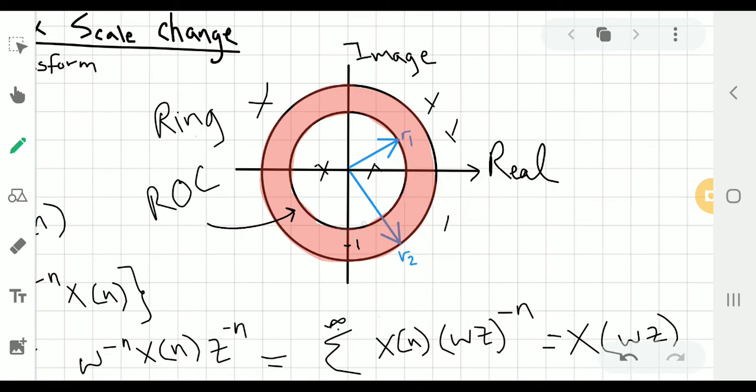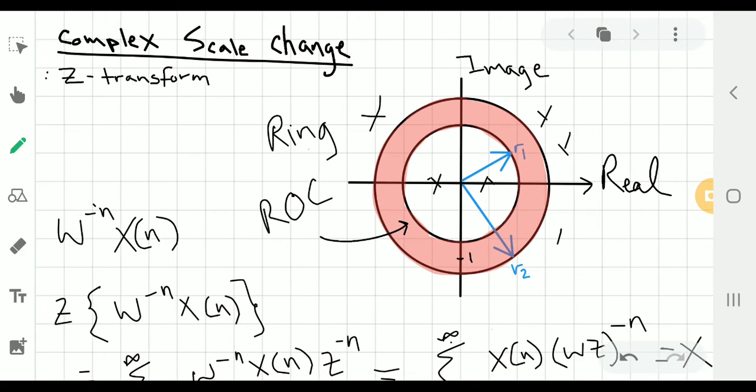R1 cannot be 1, and R2 cannot be 1 either. R1 has to be less than 1, and R2 has to be more than 1. So let's see what else we can talk about with this region of convergence.